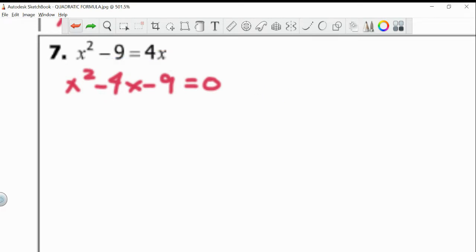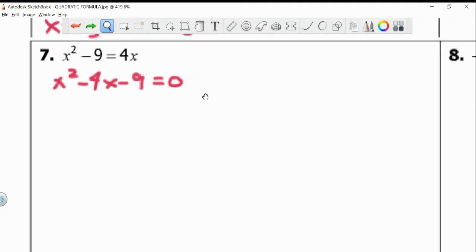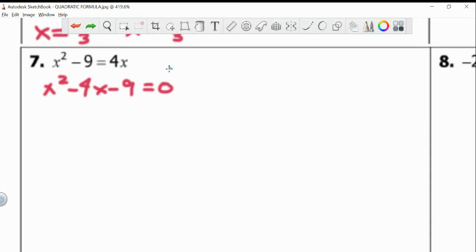And so now what we need to do is use the quadratic formula. We use the quadratic formula only when there's no way to factor it. Now, you could use it when you could factor, but it's way too hard and way too difficult. So let's talk about the quadratic formula. I'm going to rewrite it here so that we can look at it.